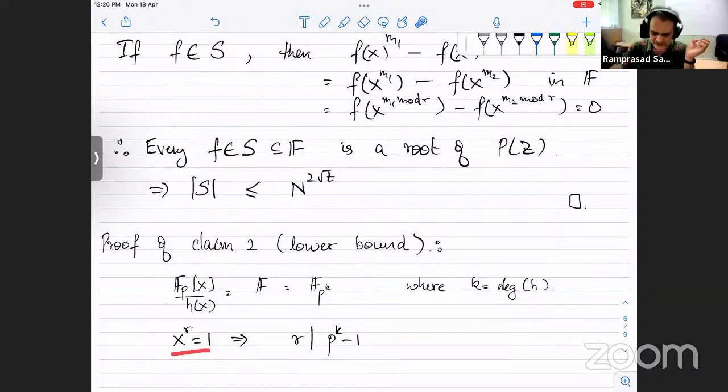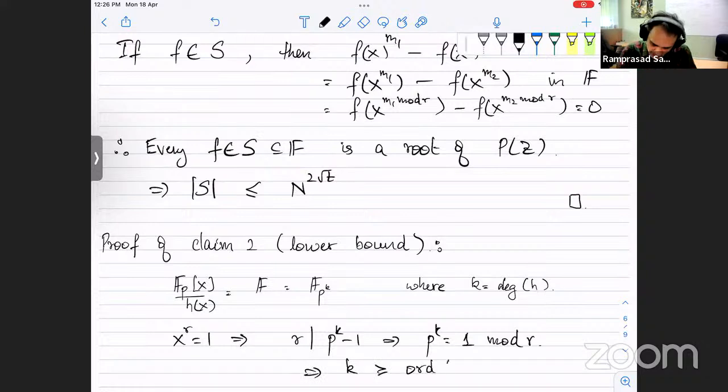This was one of the simpler constraints that we had here. So this implies that p^k equals 1 mod r, and therefore k must be at least as large as the order of p mod r, because the order of p mod r is the smallest value of k such that p^k is 1 mod r.